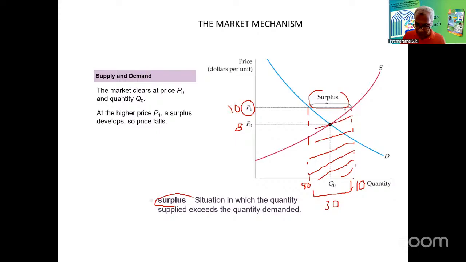Also think of, for example, the government creating this kind of price control. We will discuss that later on. It creates a surplus of this amount of value. Now, what does this value mean?